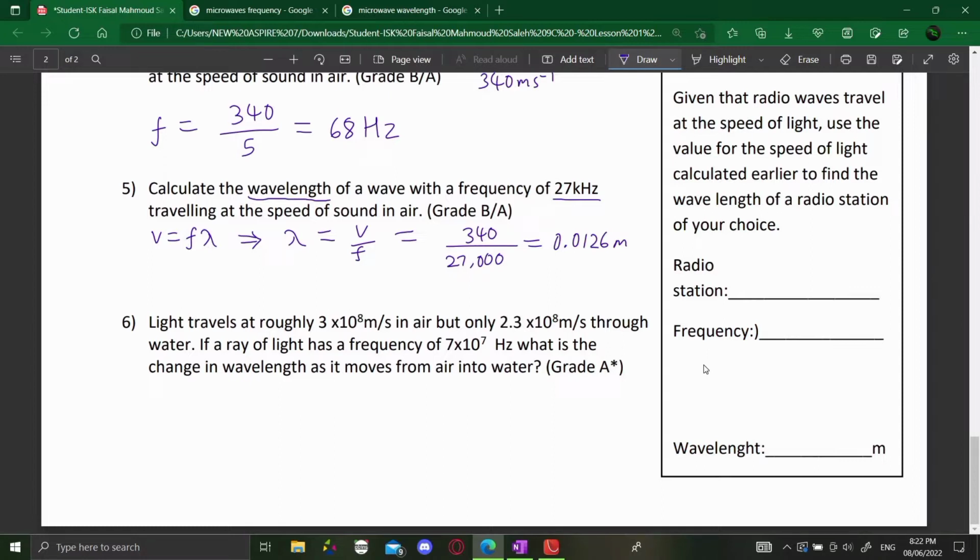So one way of doing this is just finding the wavelength in air and the wavelength in water and finding the difference. So we know that the change in wavelength is the wavelength after minus the wavelength before.